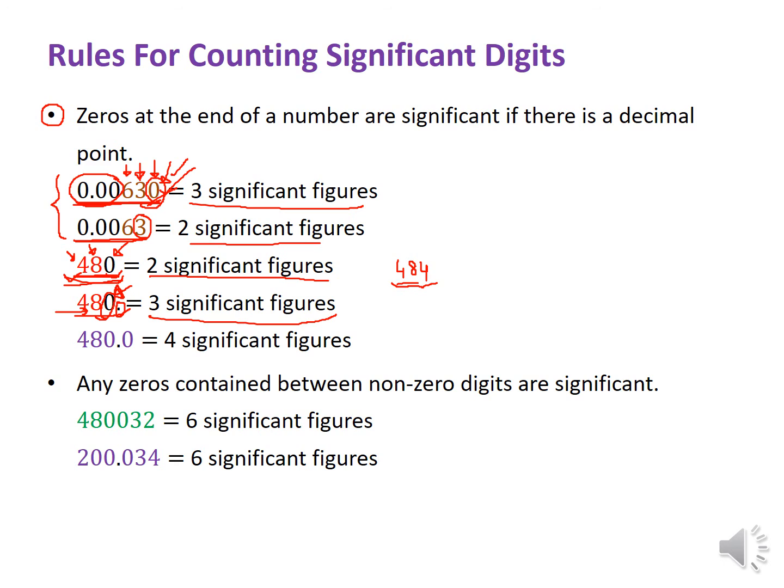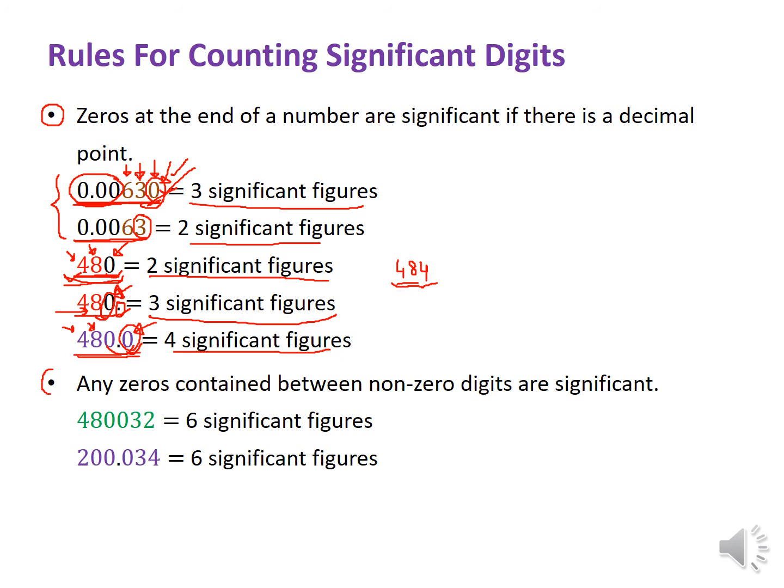This implies the number was corrected up to the units digit, up to the trailing 0. In the next example, 480.0, the first significant digit is 4, the second significant digit is 8, and both zeros are also significant here. The last 0 tells us that the number was made accurate up to this 10th digit. For this reason, in the number 480.0, we have 4 significant figures, and the trailing zeros are significant.